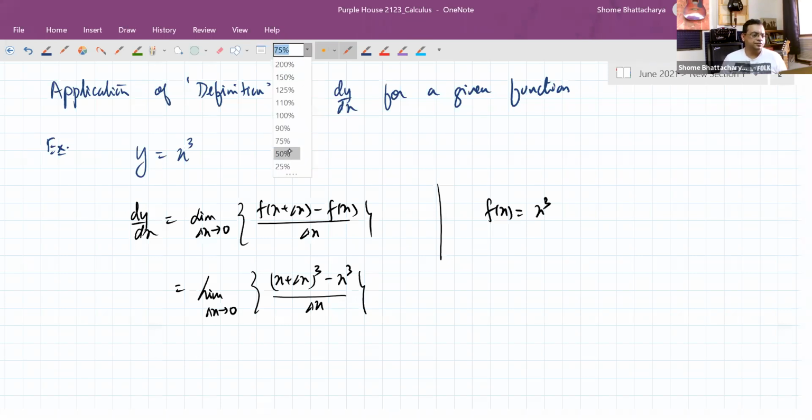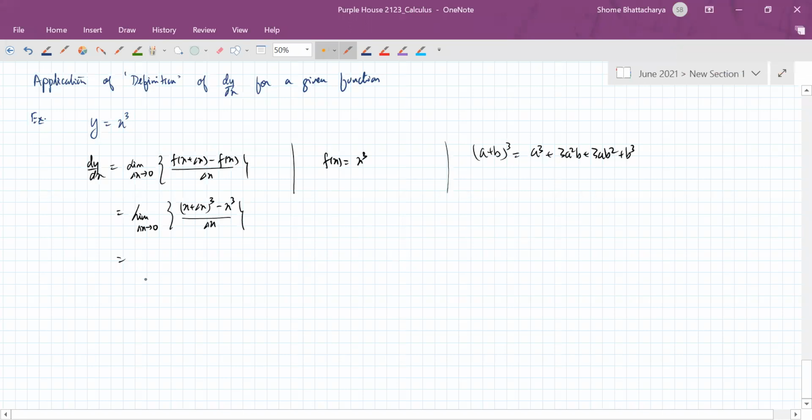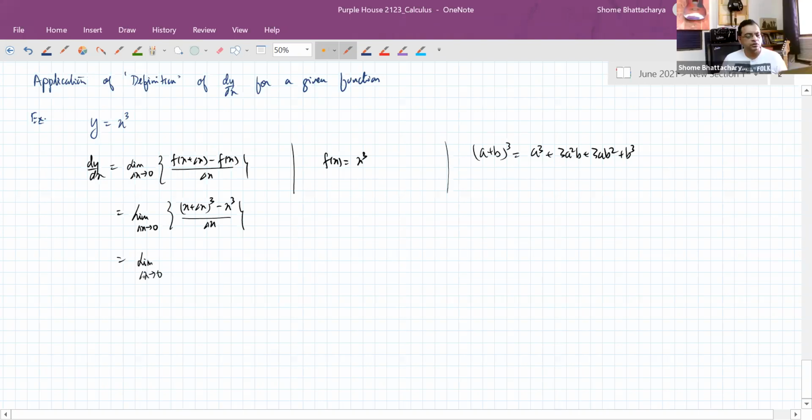Okay. So next step, what we can do is we can expand the numerator. Now we all know the formula a plus b whole cube, right? This is a formula that we are familiar with, right? So we can use this one to expand this term. Yes, sir. So this will become limit delta x tending to 0. The moment we expand this, you see the numerator will become a little bit more simplified because x cube term will cancel out.